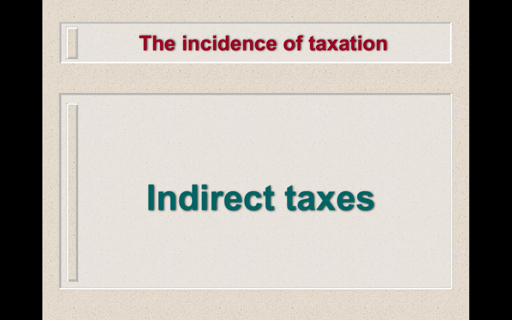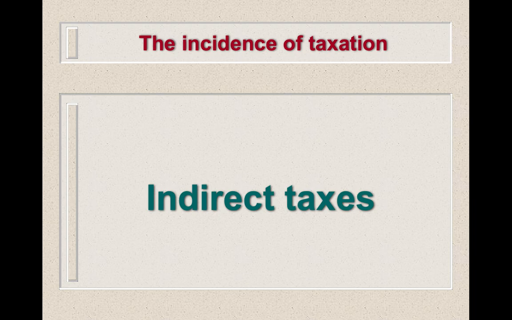Now, that is taken directly from you, so it's a direct tax. Indirect tax is where the government takes money from you, but not directly like a direct tax. They usually ask a business or a retailer to charge an additional fee onto an item, and the business will charge that fee and then send that money to the government. That's why it's called an indirect tax, because it's not taken directly from you.